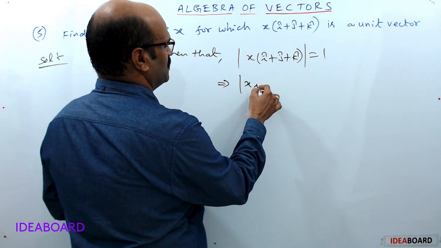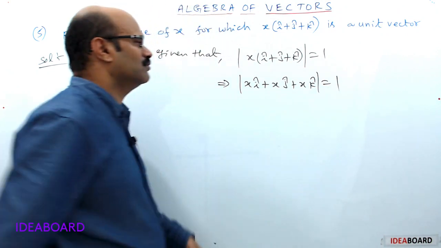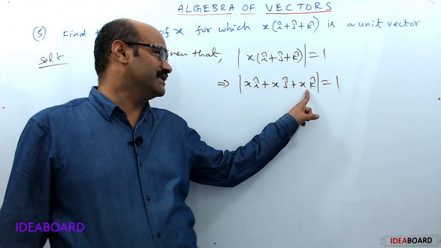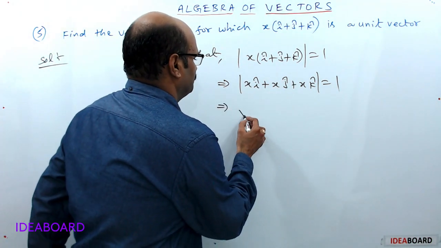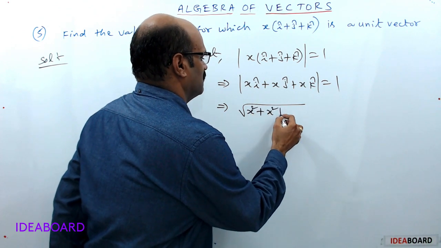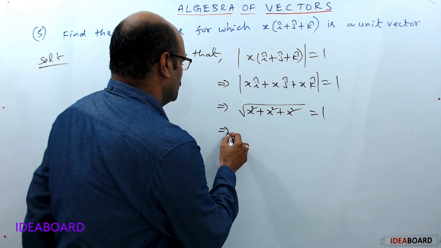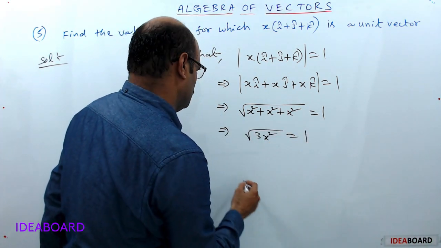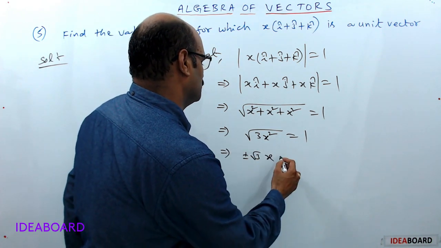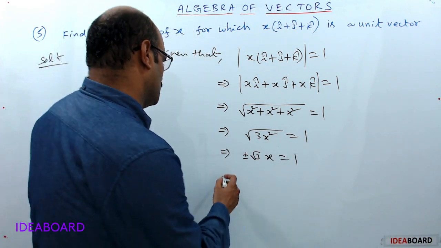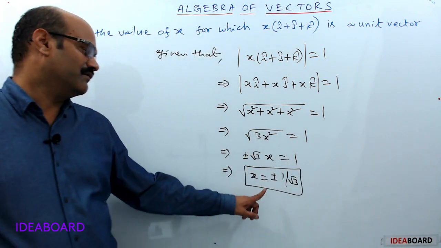It implies x i cap plus x j cap plus x k cap, whose magnitude is square root of x square plus x square plus x square equal to 1. It implies square root of 3x square equal to 1, root 3 x equal to plus or minus 1. Now x equal to plus or minus 1 by root 3. This is the final answer.